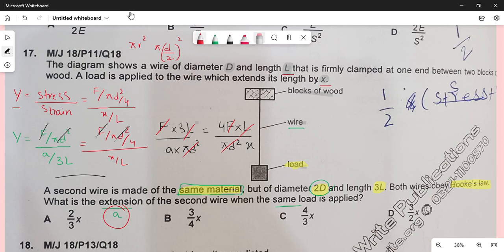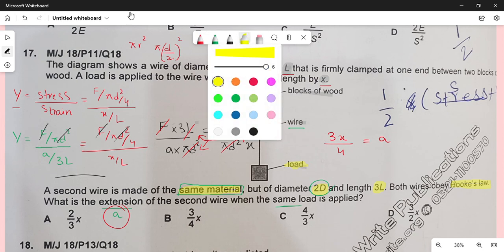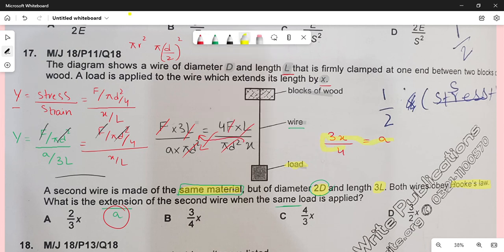I can write it as 3x, taking this x up and this 4 down, and this is the expression, or you can say this is the answer. So your answer will be B. I hope it's clear.